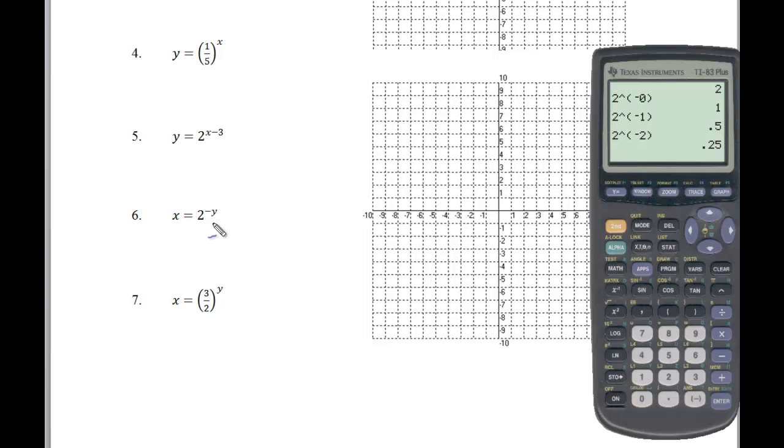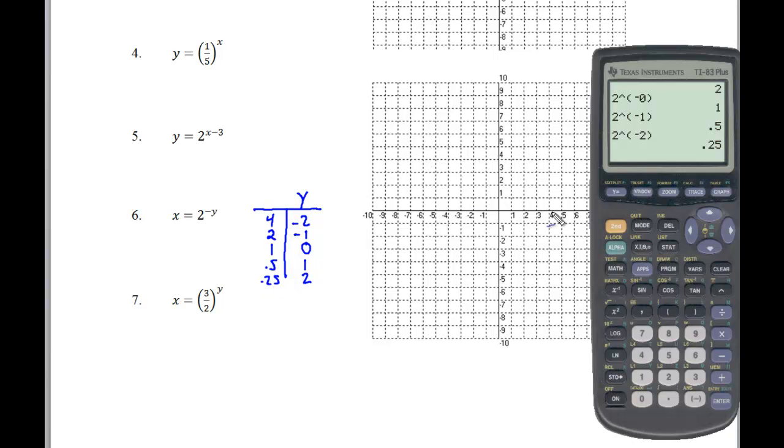Now let's go back and fill out that table, because what I did is plug in for my y negative 2, negative 1, 0, 1, and 2. And this gave me 4, 2, 1, 0.5, and 0.25.